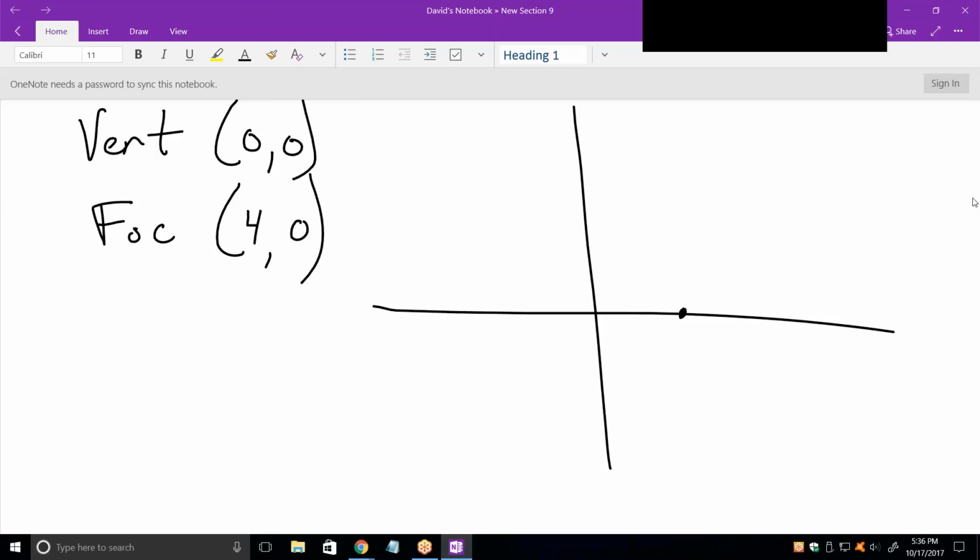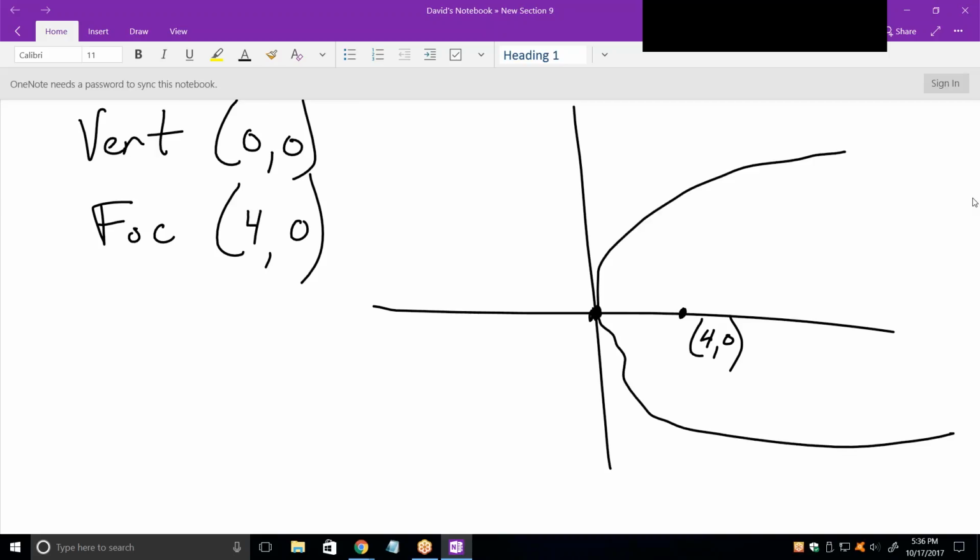There's the focus right there. Where's the vertex? 0, 0. If the vertex and the focus are on the same line, they are on the same horizontal axis. Therefore, my parabola can only be that, because the focus is always in that spot of a parabola where you would put the receiver. It's never going to be up here outside the parabola or down here outside the parabola.